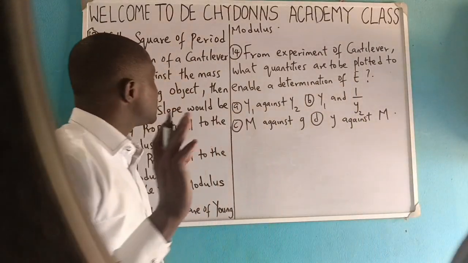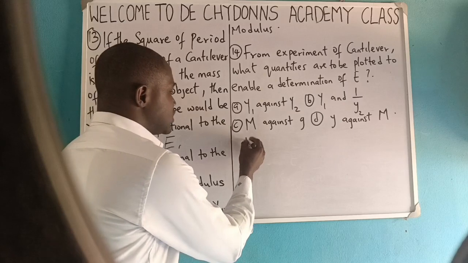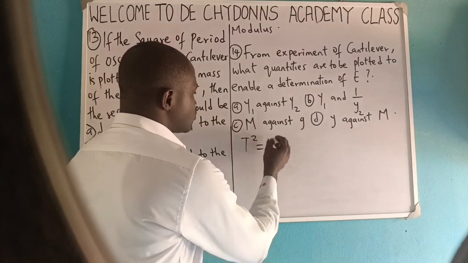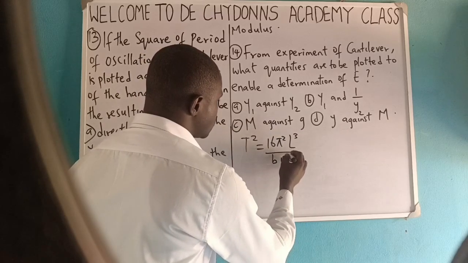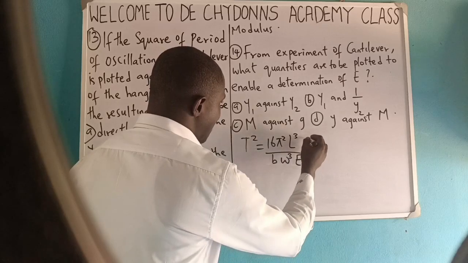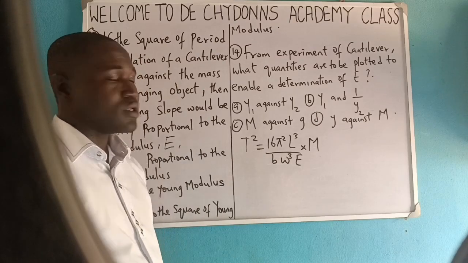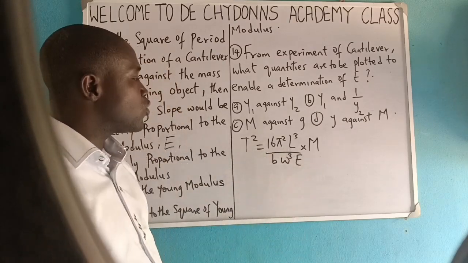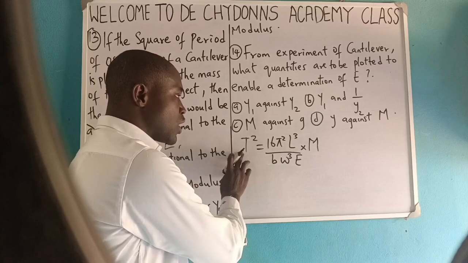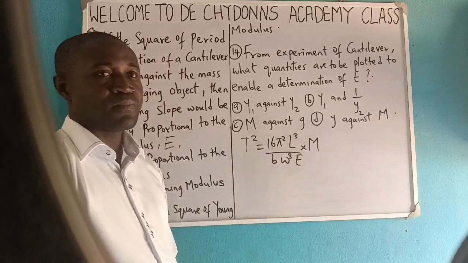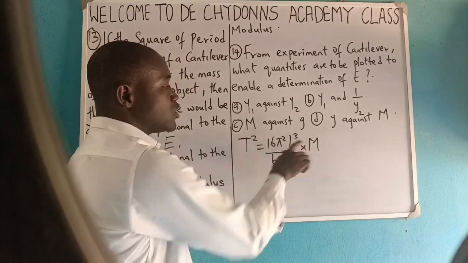And so, what is the relationship between the square of period and the mass? You tell them this formula, you still remember it: T squared equals 16 pi squared L cubed all over B W cubed E times M. This formula is constant. When we talk about your cantilever, plotting a graph of the square of the period against the mass, T squared will be at the vertical axis and M at the horizontal axis.